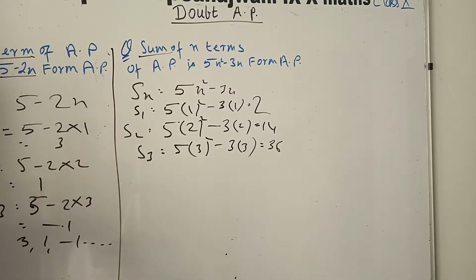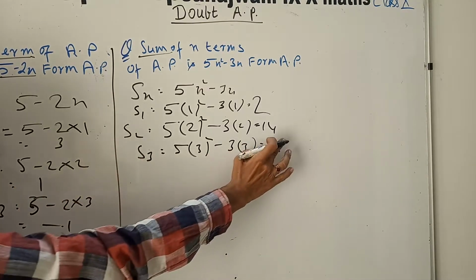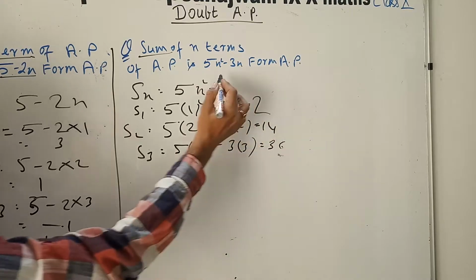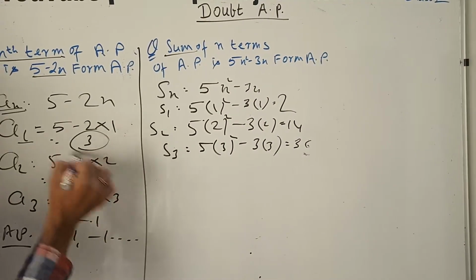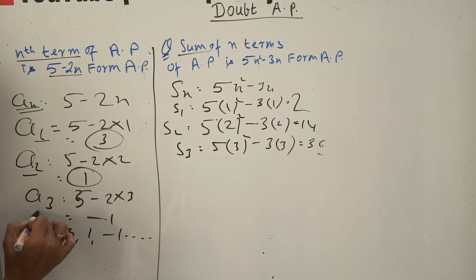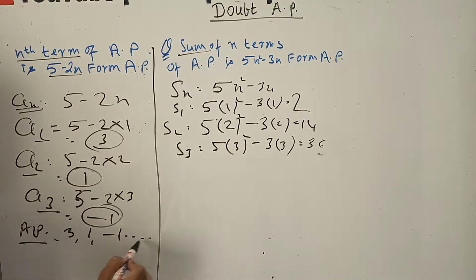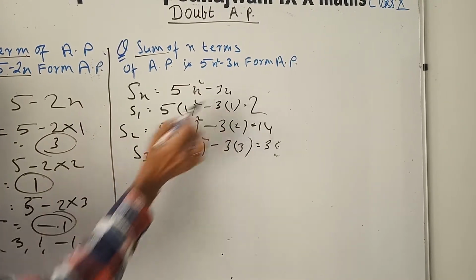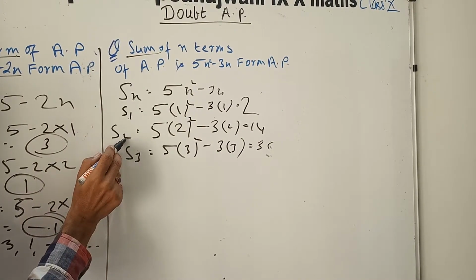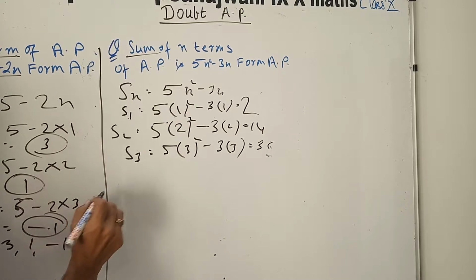But listen, students, these numbers are not denoting the terms like this. Like in this question, a1 is the first term, a2 the second term, a3 the third term. Simple. But in this sort of question, S1 is the first term, but S2 is the sum of the first term and second term.